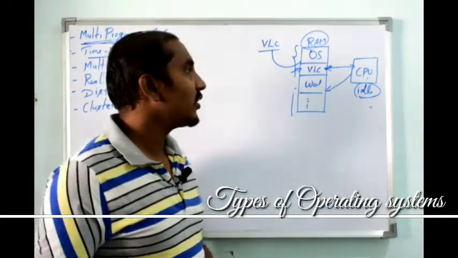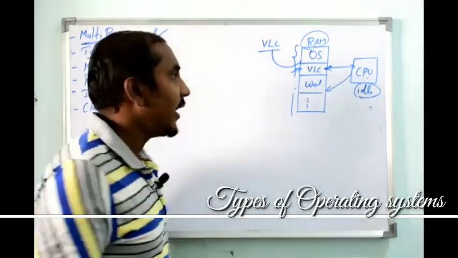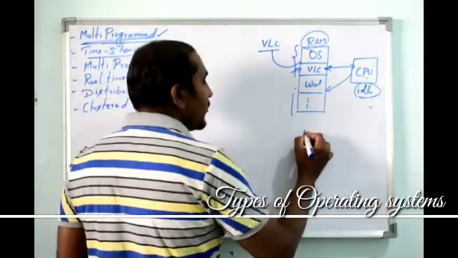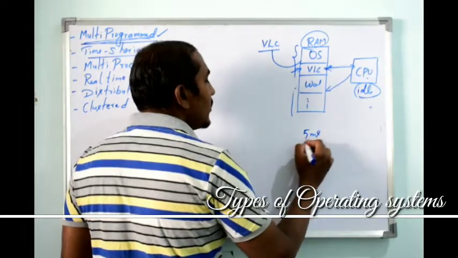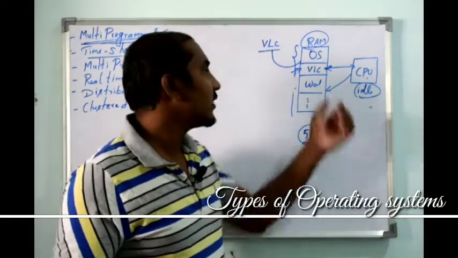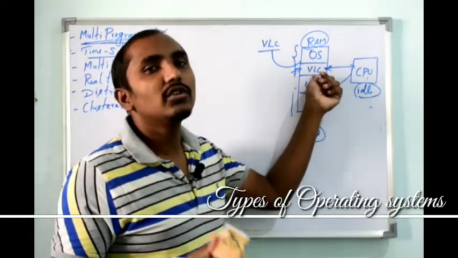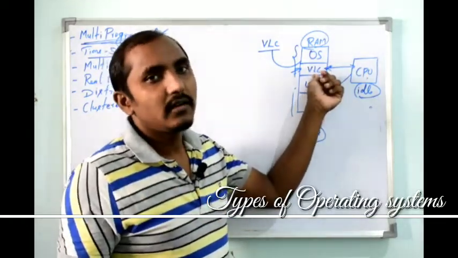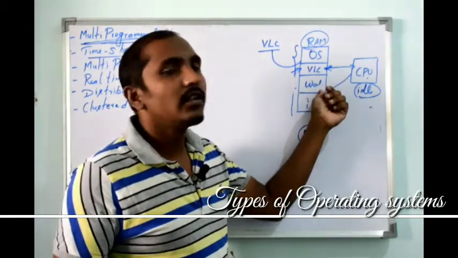In this case, time sharing means, suppose 5 milliseconds of time is spent on one program: for 5 milliseconds it executes the VLC player, and the next 5 milliseconds it executes MS Word.